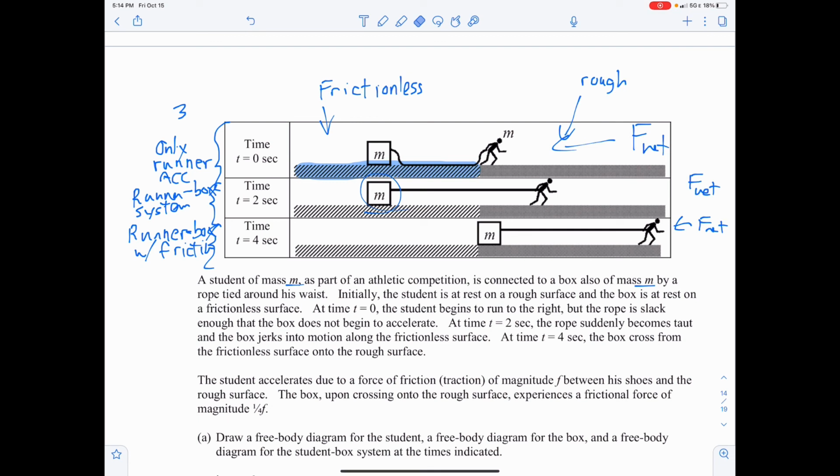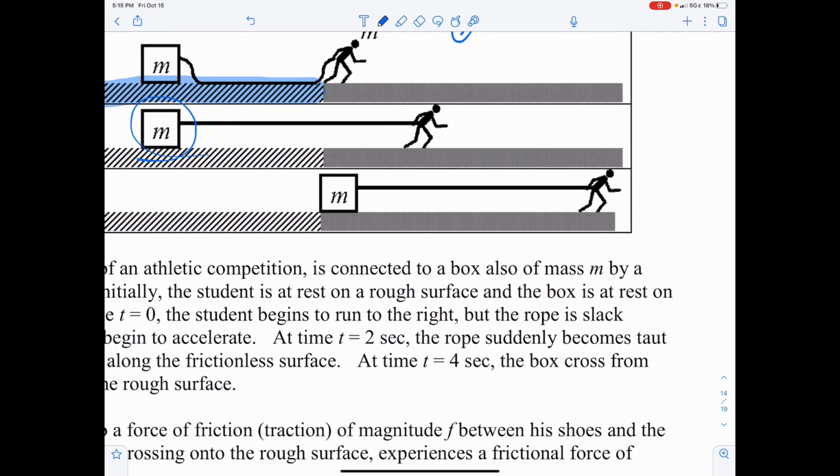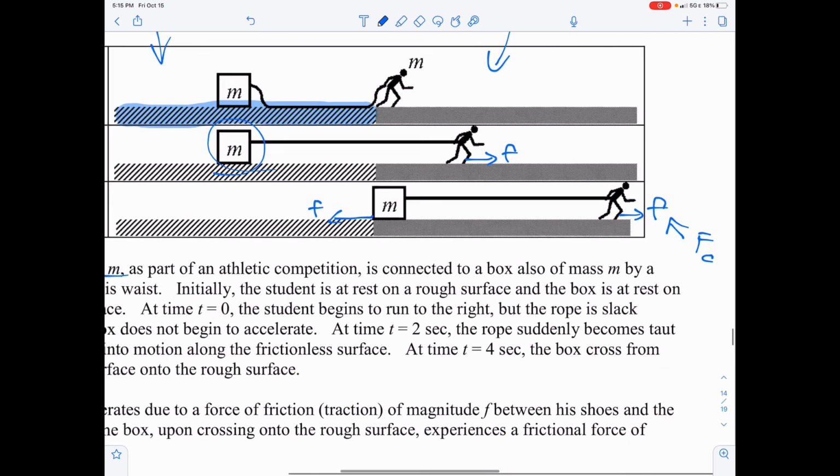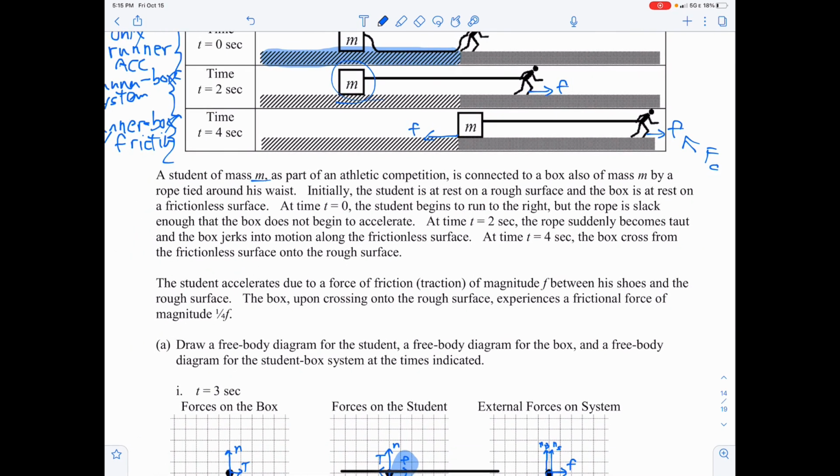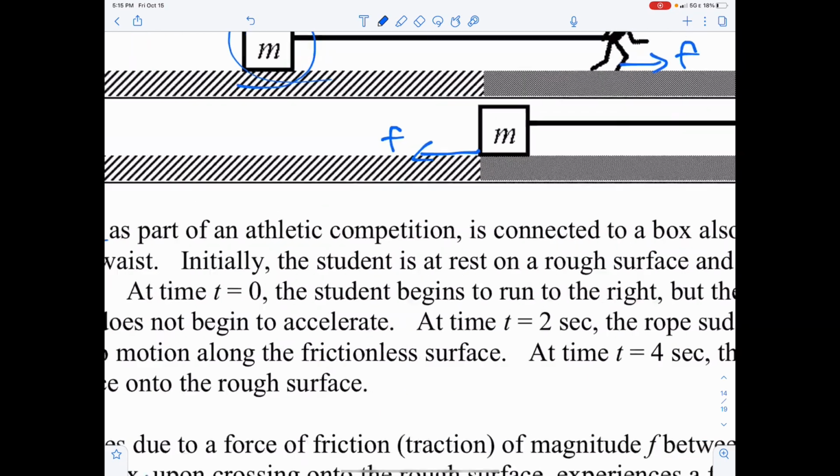And at this time here, your net force is not just this. Your net force for this example, for 5, now has a causing force here, and your opposing force, this little friction right here. Now that friction, if you remember from the reading, the box experiences a frictional force of 1/4 the student's friction.